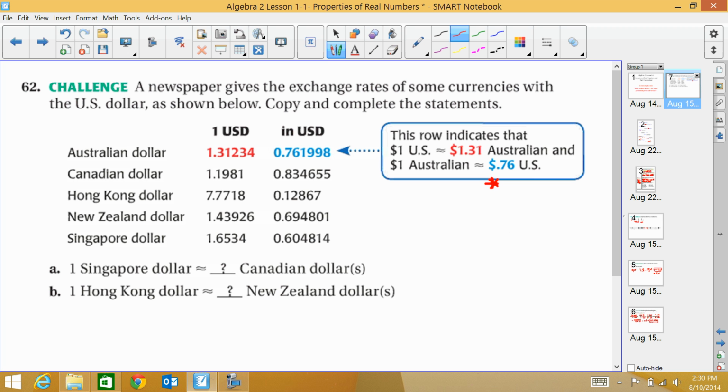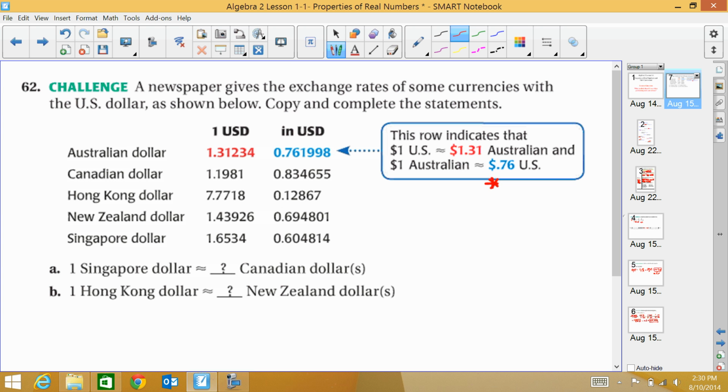This row indicates that 1 US dollar equals 1.31 Australian dollars, roughly, and that an Australian dollar is about 76 cents in US dollars. So this is how much 1 US dollar equals in the other, and this is how much the one other equals in US dollars. So you can use either chart to help you with these problems.